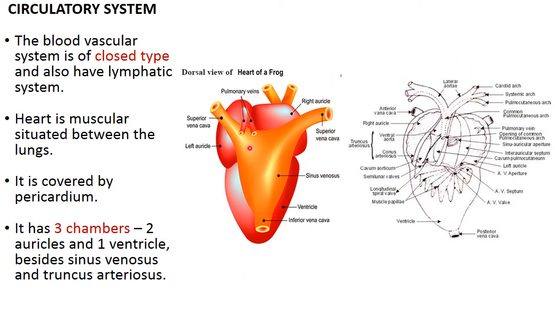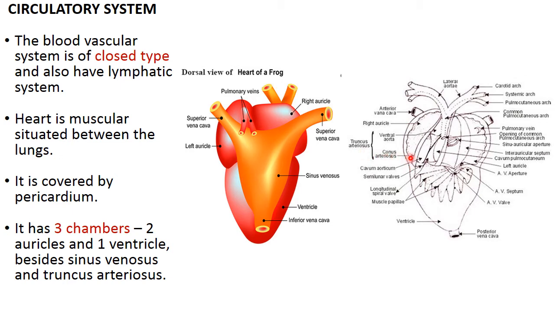कि first कि ये दो other structures जो हमने यहाँ पे बोला था, sinus venosus, triangular shaped structure on the dorsal side by fusion of 2 superior vena cava and 1 inferior vena cava. So this will be collecting the impure blood that will go into the right auricle. फिर ventricle से क्या arise होता है?